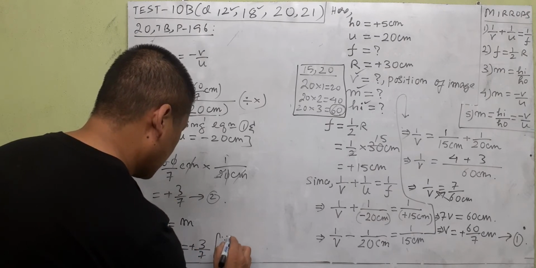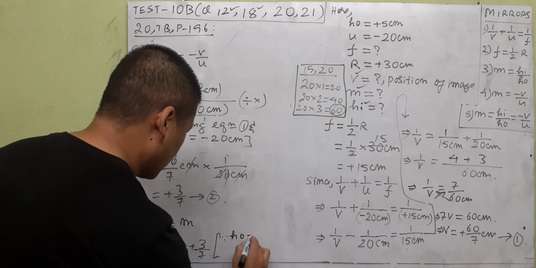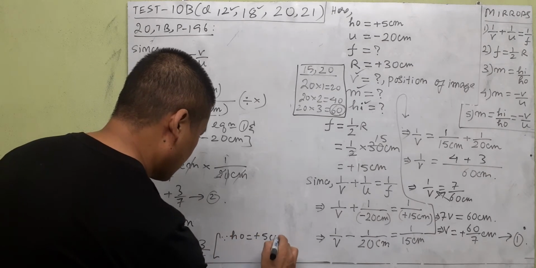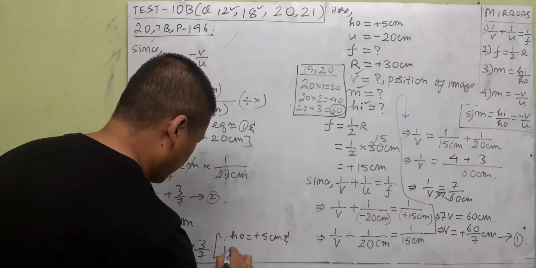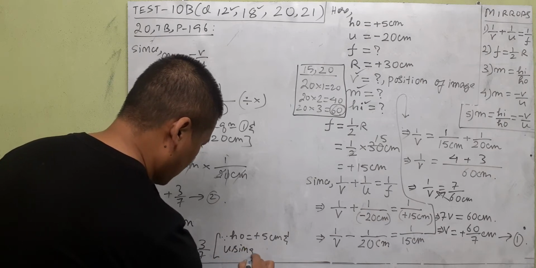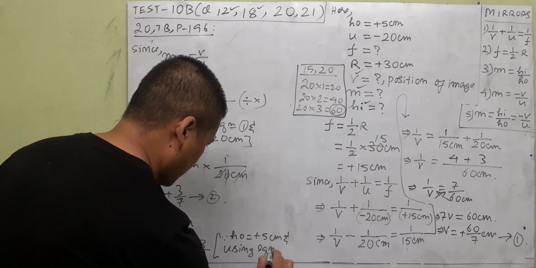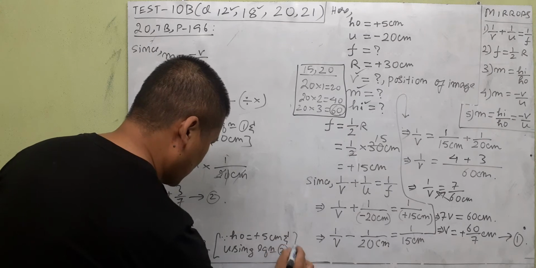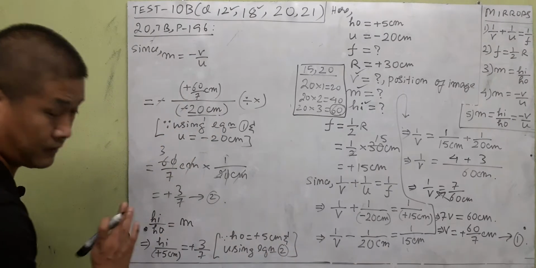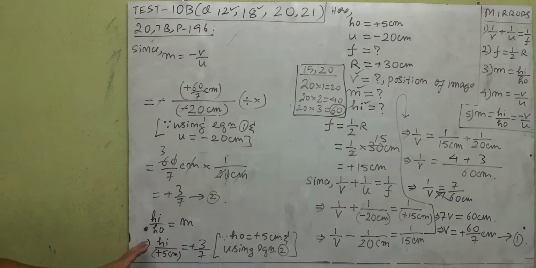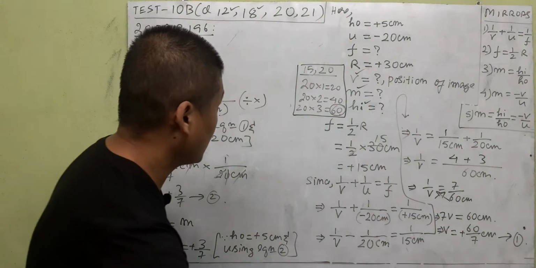And we write here, since we know HO is plus 5 centimeter, and using equation number 2 for replacing this value of M by 3 by 7. Okay, now we're almost ready to get the HI.